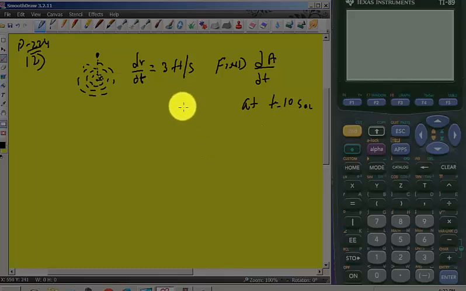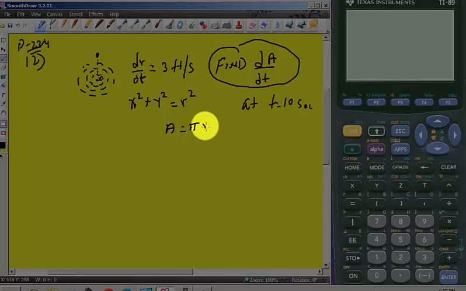First of all, we're talking about a circle, so our mathematical model is x squared plus y squared equals r squared. That's a circle. We're finding dA/dt, so we need the area of a circle, which is A equals pi r squared.